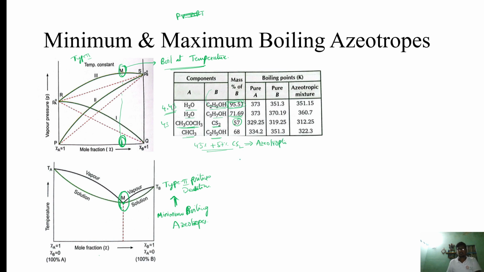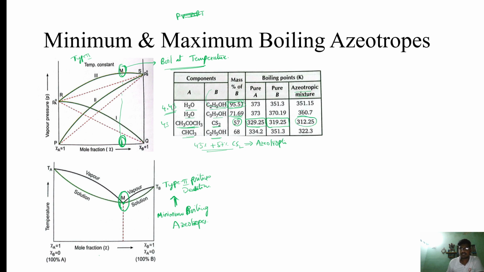What kind of azeotrope is it? It is a minimum boiling azeotrope. That is what we need to understand here. See here, pure A has a boiling point of 329.25 Kelvin, and pure B has 319.25 as the boiling point. You can see the azeotropic mixture has a boiling point of 312, which is minimum compared to these two.